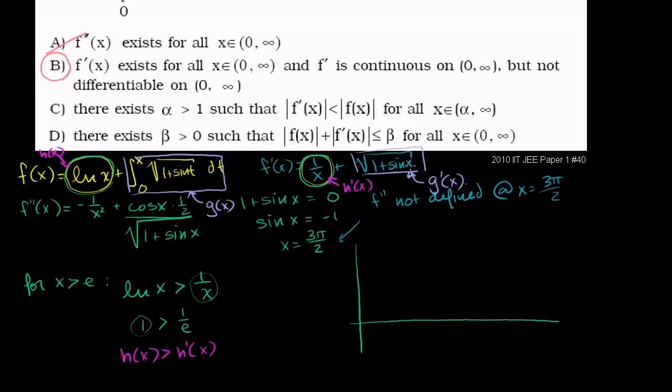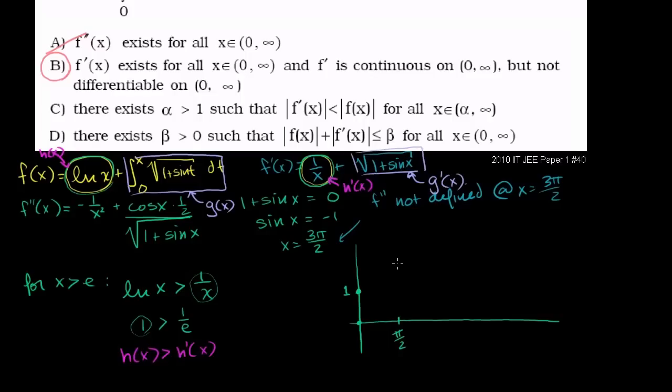So when x is equal to 0, sine of 0 is 0, plus 1, you take the square root, so 0, 1, that's the first point. Then the next interesting point, maybe we'll take x equal to pi over 2. Sine of pi over 2 is 1, 1 plus 1 is 2, take the square root.